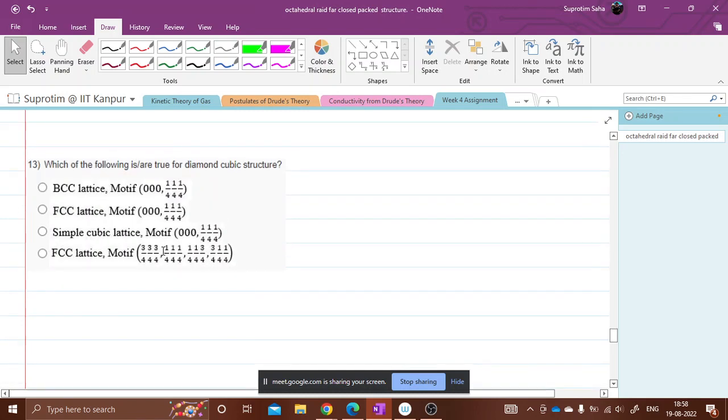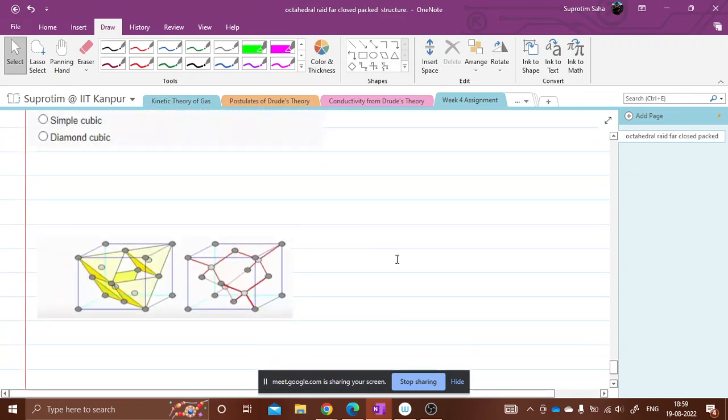Which of the following is or are true for diamond cubic structure? Diamond cubic is basically FCC.